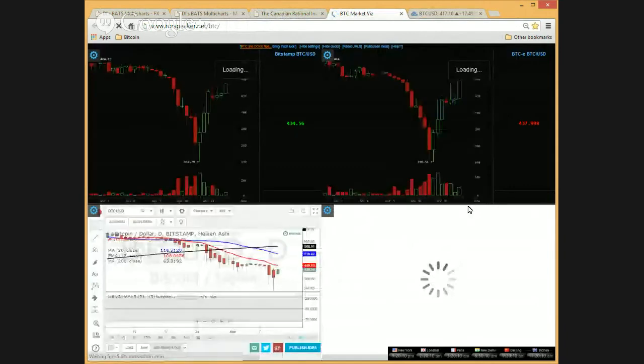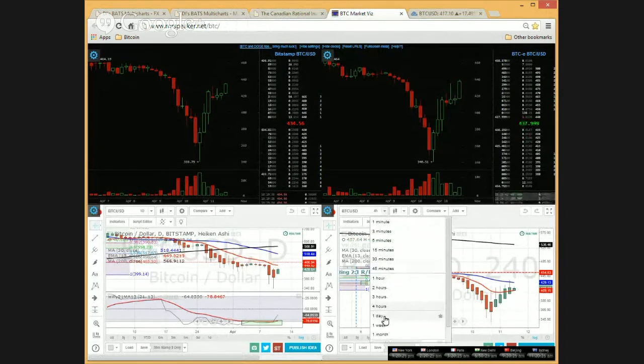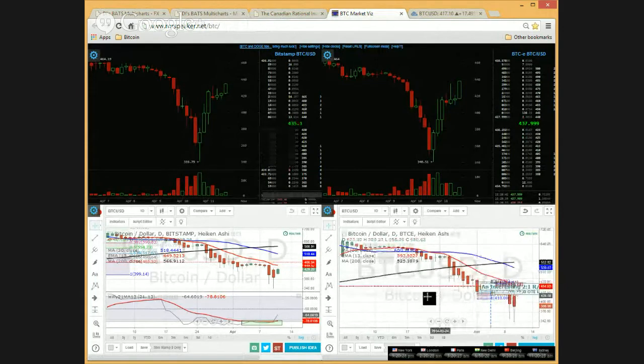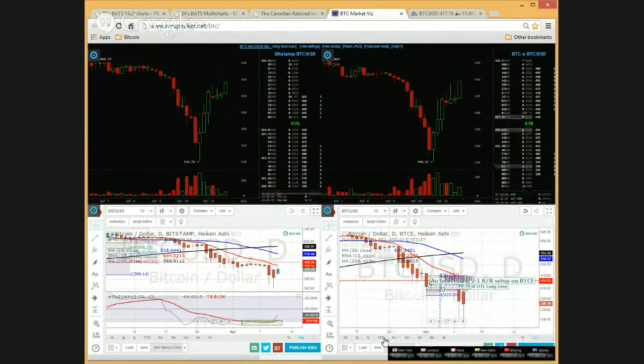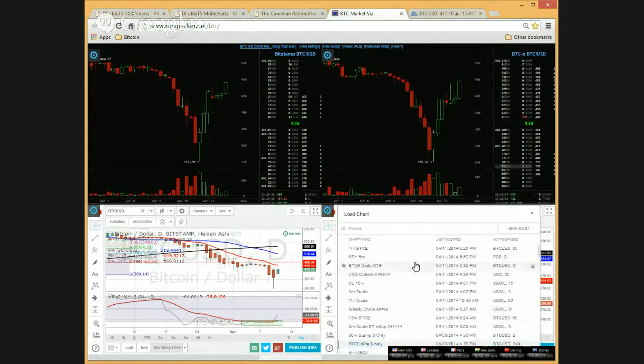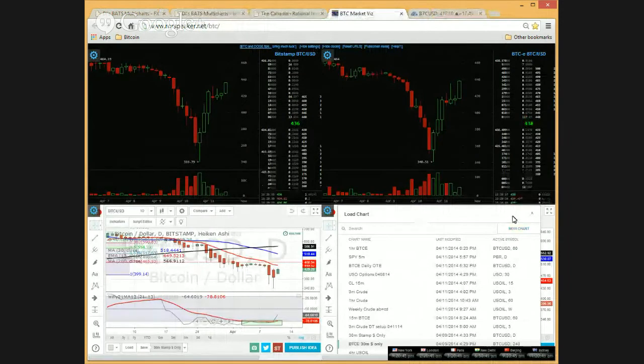You can break everything into 4 different things on your screen. I don't know how to do this.